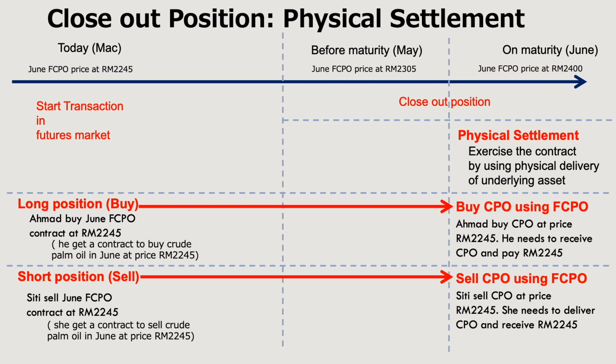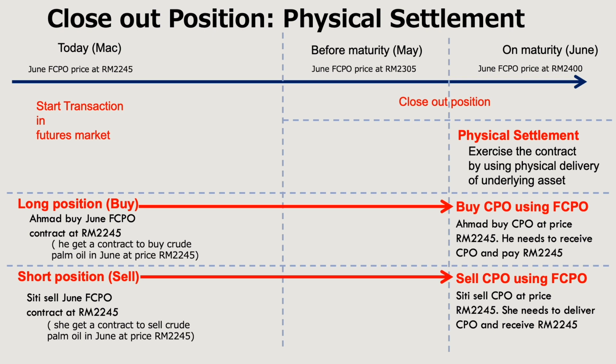Basically, Ahmad get a contract where in that contract it state that Ahmad need to buy crude palm oil in June at price RM2245. So if Ahmad plan to close out his position by using physical settlement, that means Ahmad need to exercise the contract. So how to exercise the contract? Ahmad need to buy physical crude palm oil by using crude palm oil futures.